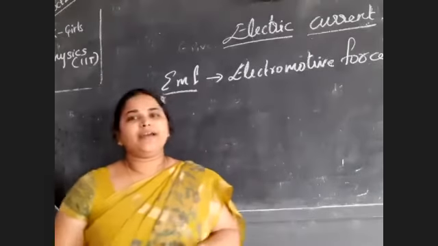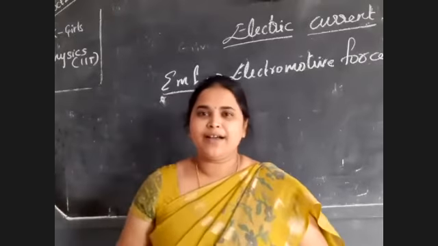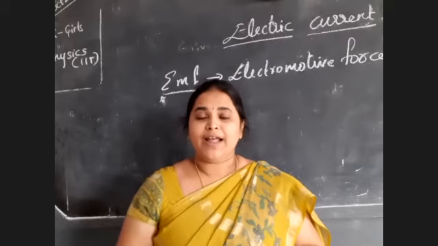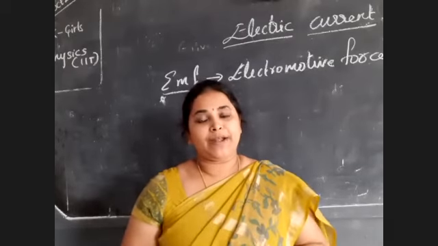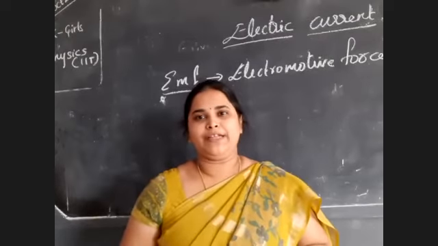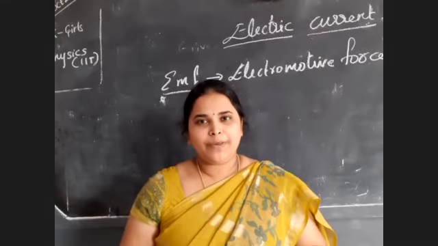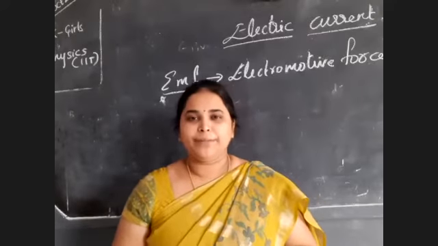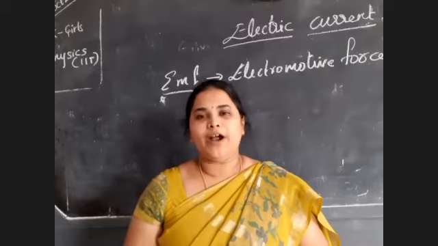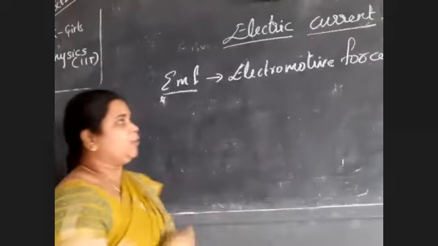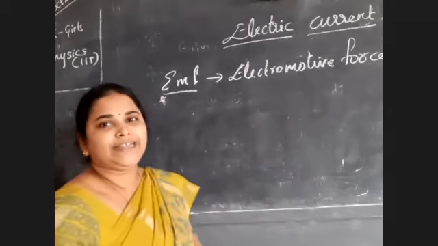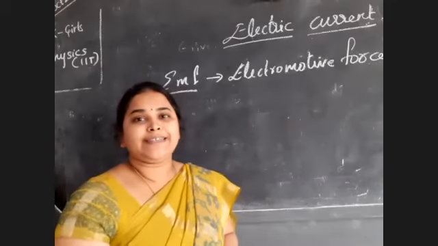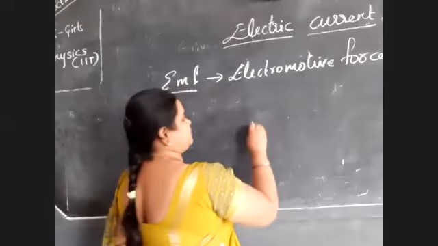When the electrons are flowing in the conductor, at the same time in the battery, there will be chemical force because of the electrolyte in the battery. That force will try to move a unit negative charge. Unit negative charge here is not electrons, here it is a negative ion.